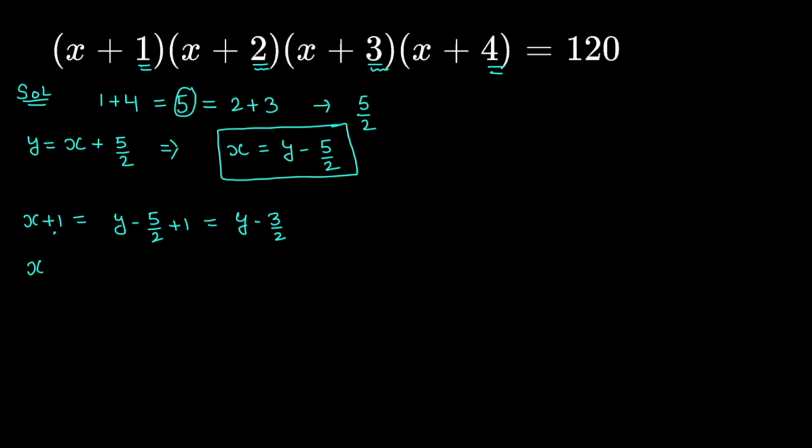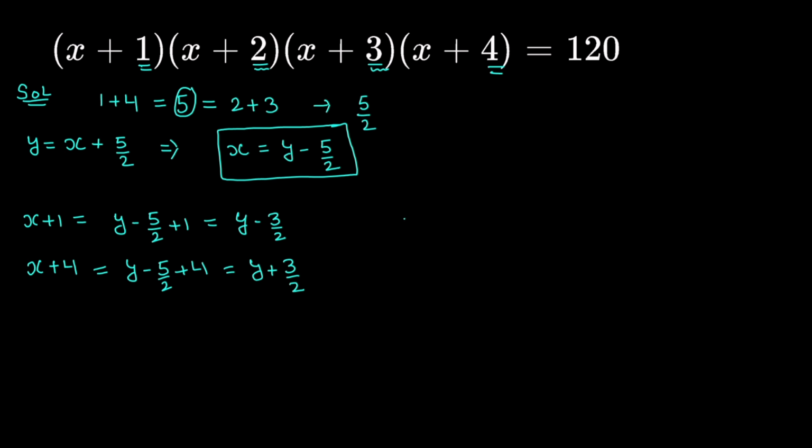Now we calculate the value of x plus 4. So we add here 4 and we get y plus 3 by 2. So this is the benefit of using this type of substitution. We get here minus and this plus.